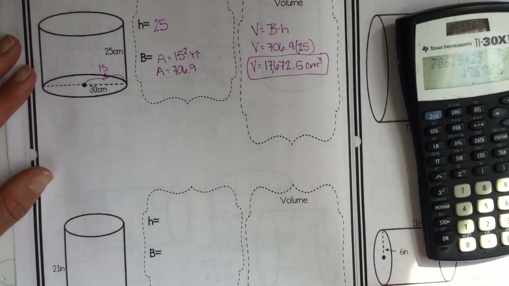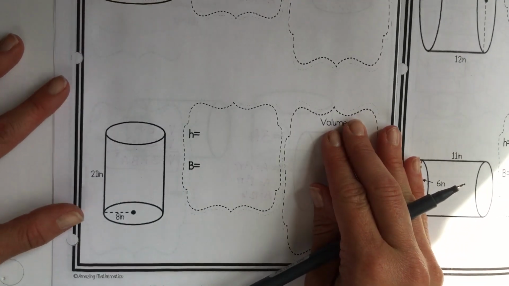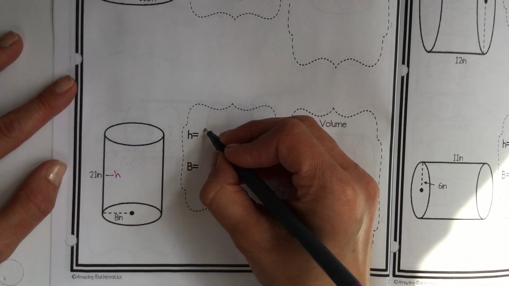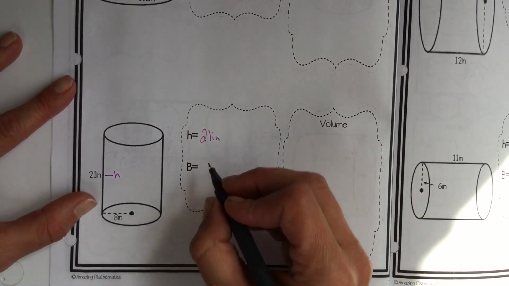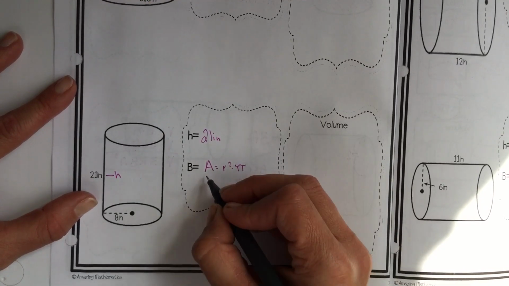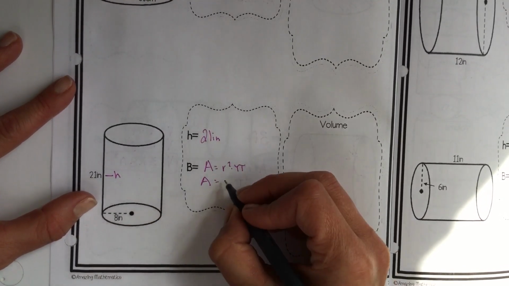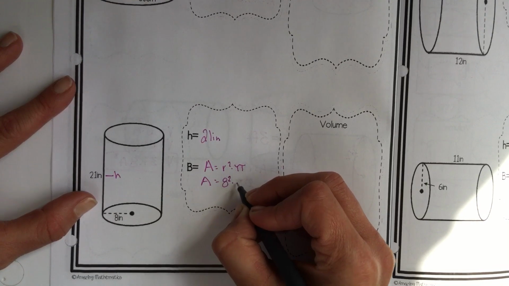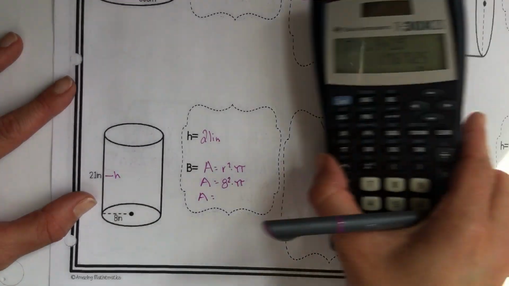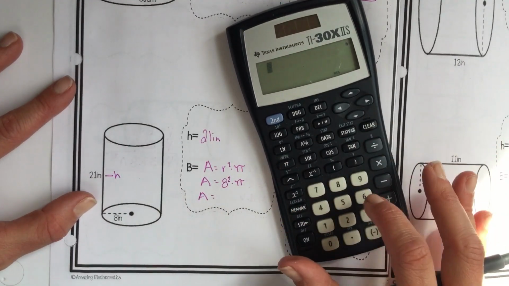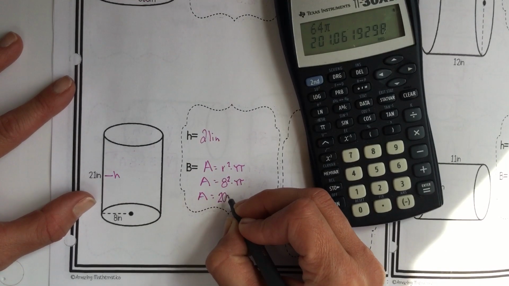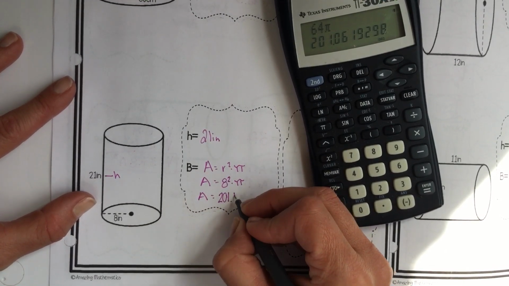Okay, last problem, another cylinder. The height is right here. This is the height. That's 21 inches. The base, we're going to find the area of that, radius squared times pi. Radius squared is 8 squared times pi, and so that would be 64 times pi. And I get 201.1.